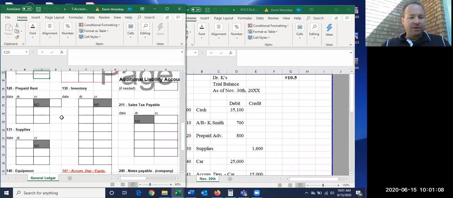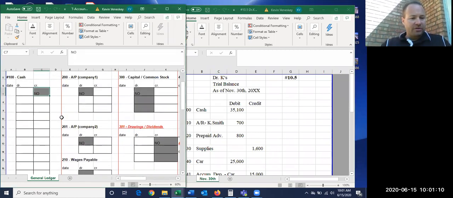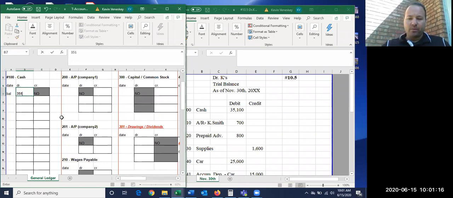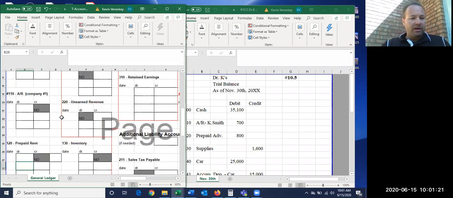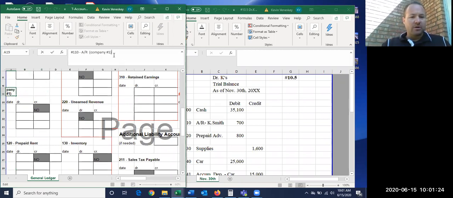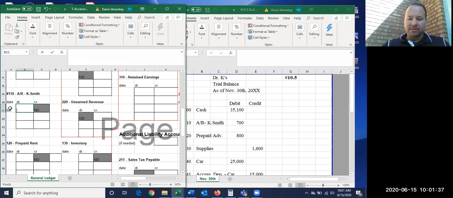All right, so the first thing you need to do, let's go ahead and start. You have your opening balance, and we have cash at $35,100. Then we keep coming down and filling in the rest. Our AR, we can make K. Smith. That patient owes us $700, so we'll put that into his opening balance. Then we have some prepaid advertising, so we'll just change the name of the prepaid rent to prepaid advertising.